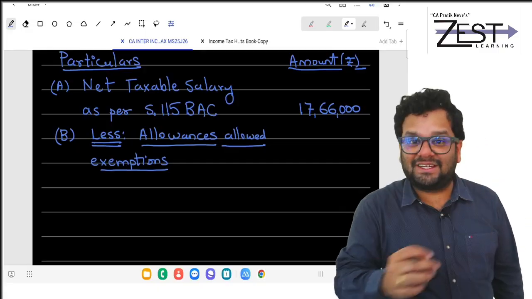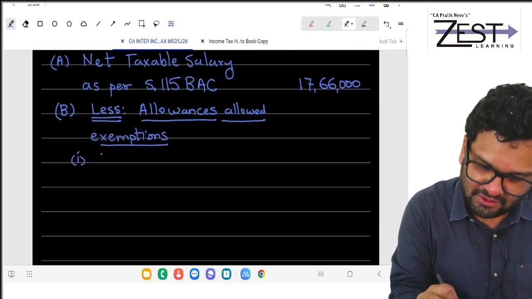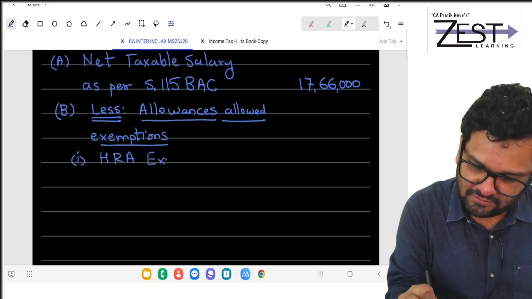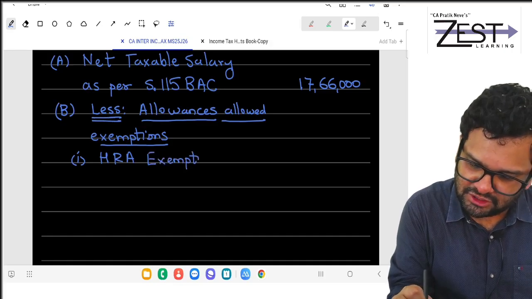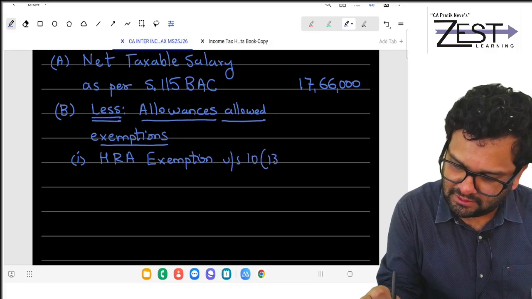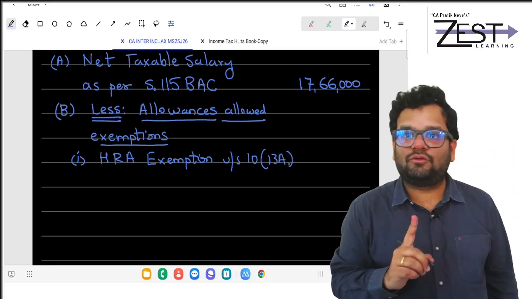Which all allowances get exemptions? First, your HRA exemption under section 10(13A). That you have to minus.